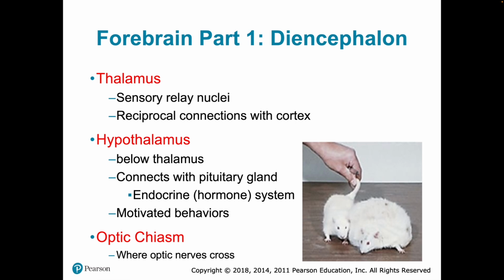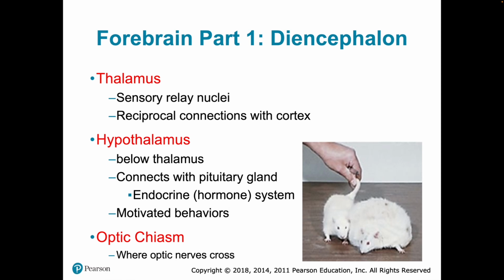One way to think about those things is that they tend to be motivated behaviors. So feeding, fighting, fornicating, right? Fleeing. Those sorts of things tend to be hormone regulated. As a demonstration of that, this image over here is here for a reason. You have a rat on the left and a rat on the right. You'll see that the rat on the right is quite a bit larger to the extent that it can not really move on its own.